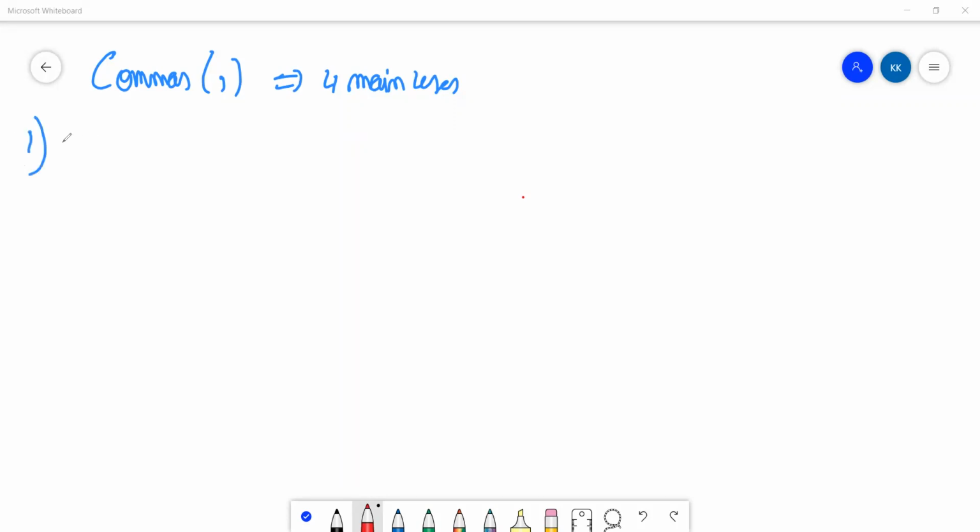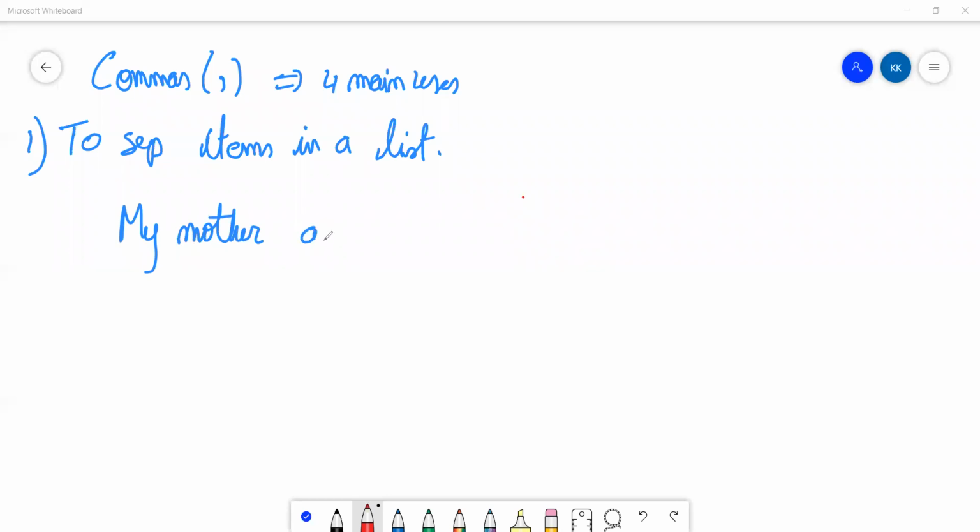The first main use of a comma is to separate items in a list. Now, what do I mean by saying to separate items in a list? Now, suppose there is a list of things that is written. For example, my mother asked me to bring 4 items.